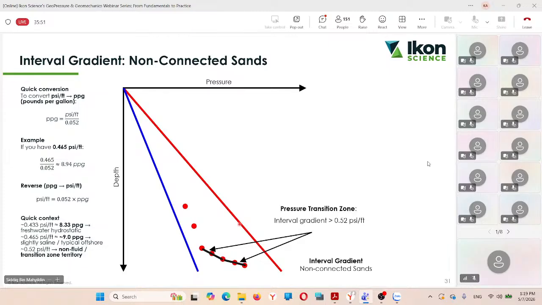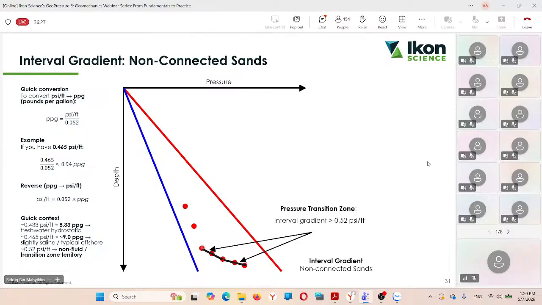If you have non-connected sands, because sometimes sands are not connected, things change a little bit. When we have non-connected sands, the fluid cannot equilibrate properly like in a clean connected sand. So instead of a clean gradient, you will get a steeper gradient, an abnormal trend. This is where we start seeing a pressure transition zone. Imagine I have one sand unit over here and another sand unit over here, and in between is a semi-impermeable zone that disconnects the two sands.